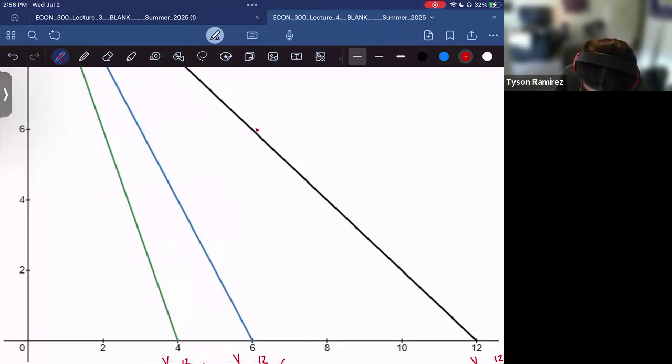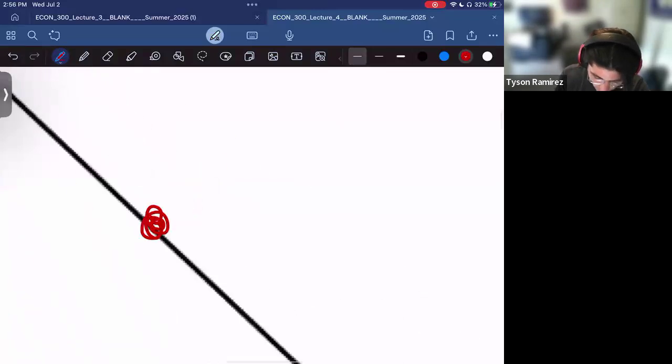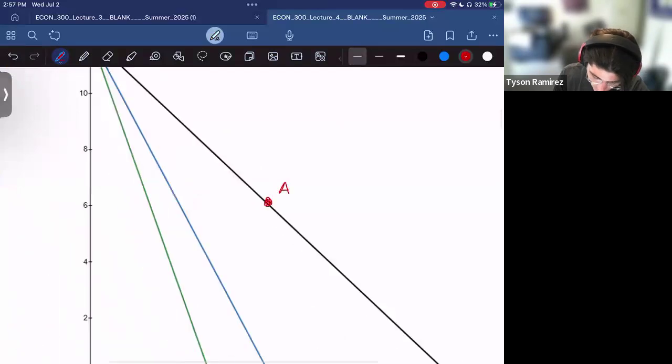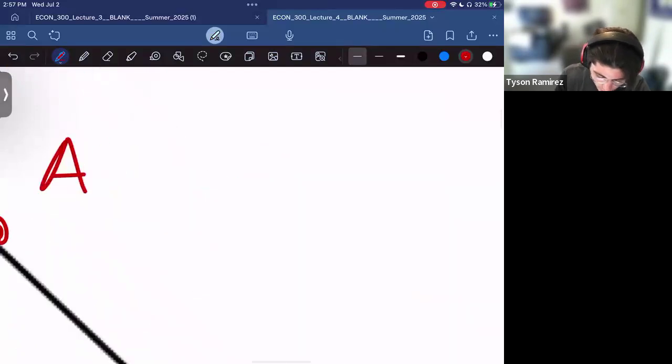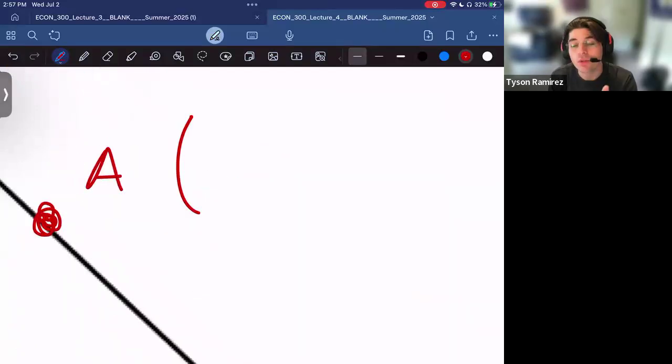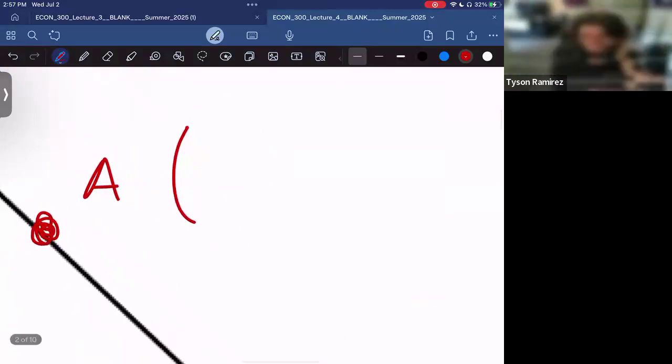If we were in scenario 1, back on the black line, then the consumer would choose roughly right here. Call this A. In scenario 1, the price of both goods is $1, so we're back to $1 apiece. So what would the consumer choose?